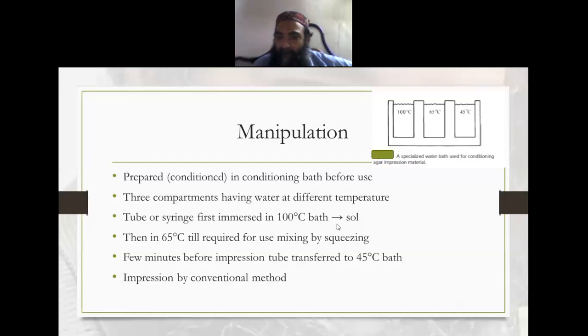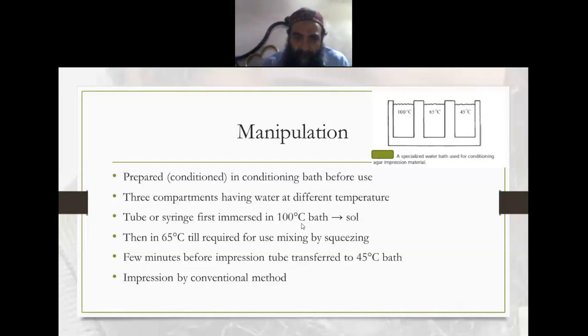It will convert it into sol, because when we take a tube or syringe, it will be at a temperature of 20-30 degrees centigrade, and it will be in the form of gel. So we have to convert it into sol by immersing the tube or the syringe into the 100 degree centigrade bath.